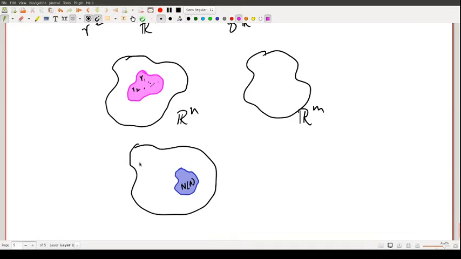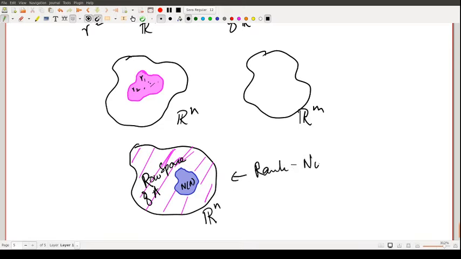It essentially means that the rest of the vectors are in the row space. So this is the row space of A, because when you combine their dimensions, you get the dimension of Rn. And that's what the rank nullity theorem is essentially saying.